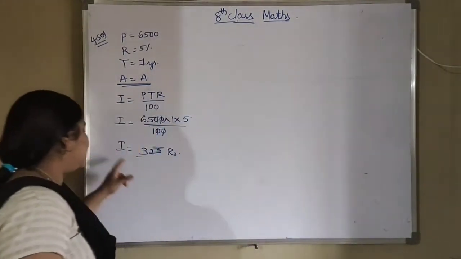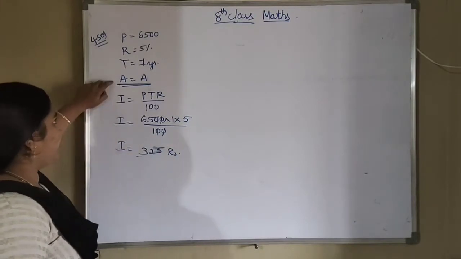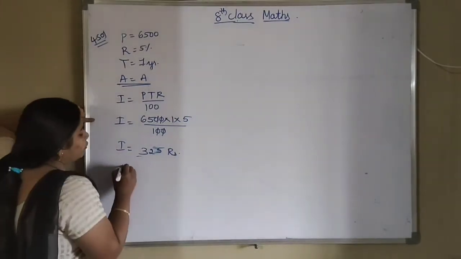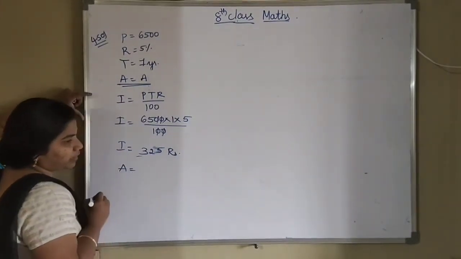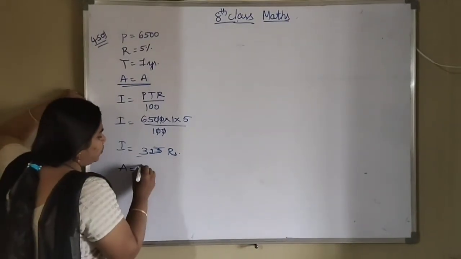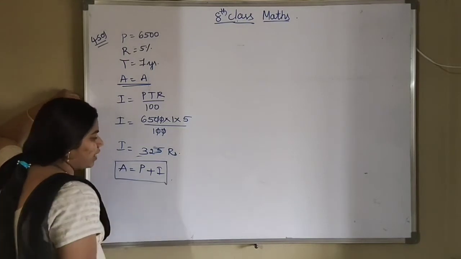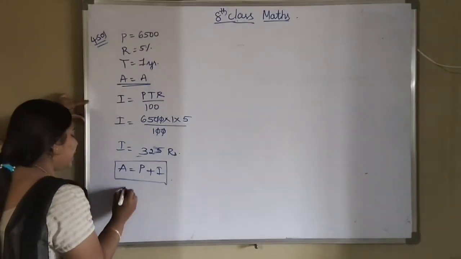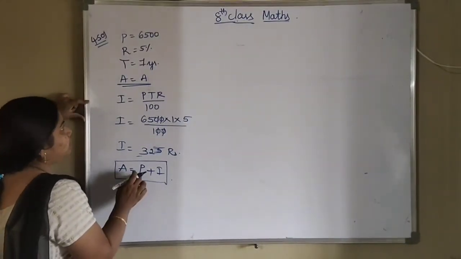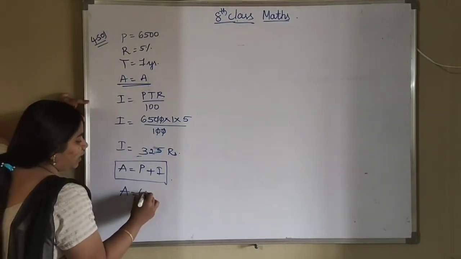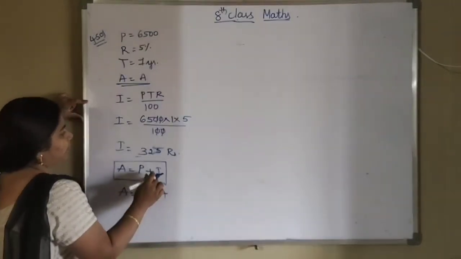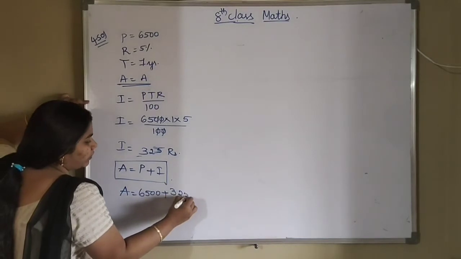Now by using this interest value, you have to find the amount value. So how to find the amount? Already we know that A is equals to P plus I. Amount is equals to principal value plus interest value. So amount is equals to, what is the principal value? That is 6,500 plus the interest value, that is 325.